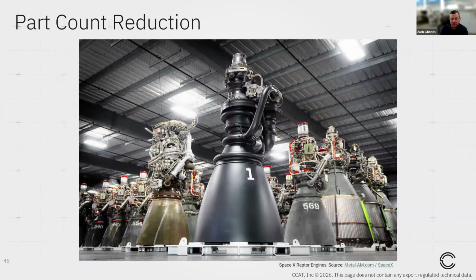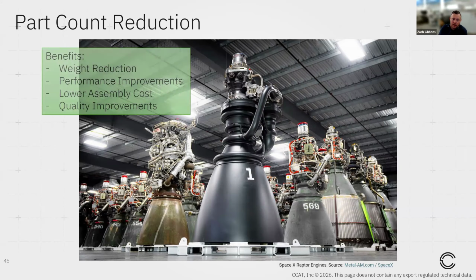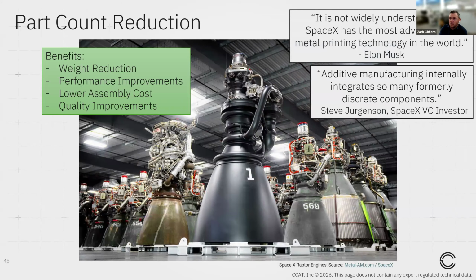And probably one of the more famous examples, I don't know if anybody here has been following what's going on with SpaceX, but here are the SpaceX Raptor engine iterations. Right, so benefits to redesigning: weight reduction, performance improvements, lower assembly costs, quality improvements. We can see some quotes from Elon and company on the benefits of implementing additive in their business.